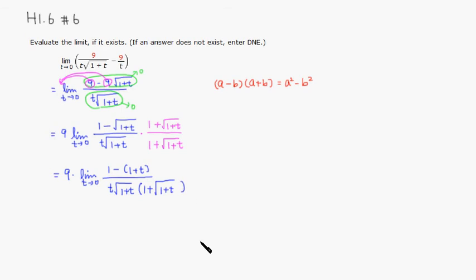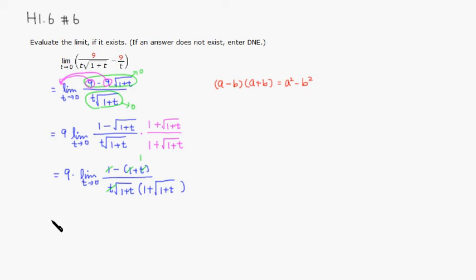But you can see that here we can cancel. 1 minus 1, you can cancel that out. Then you have a negative t, but there's a t here, so you can cancel those out too. So what's left is negative 1 on top. Let's write that out first.